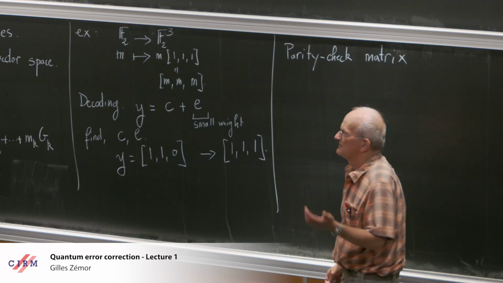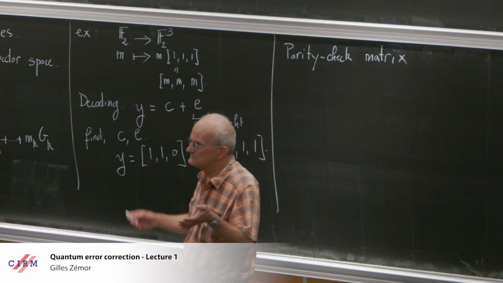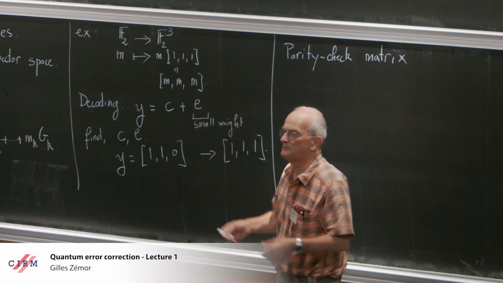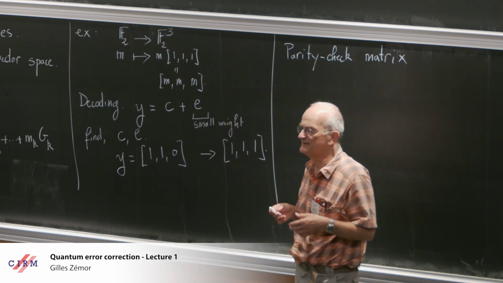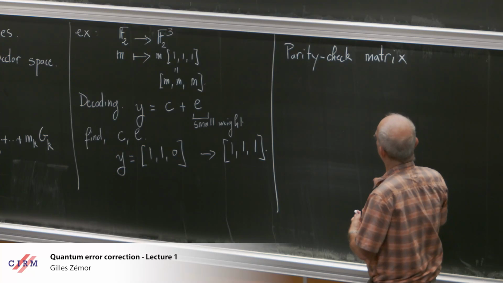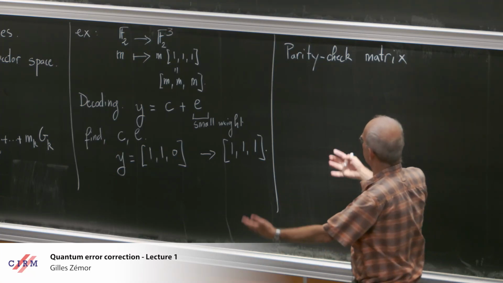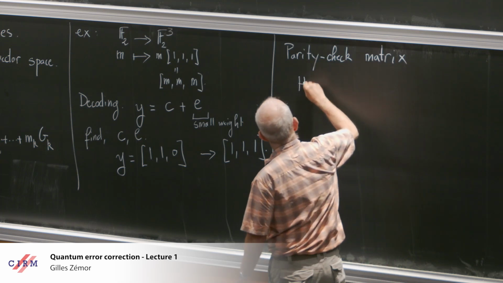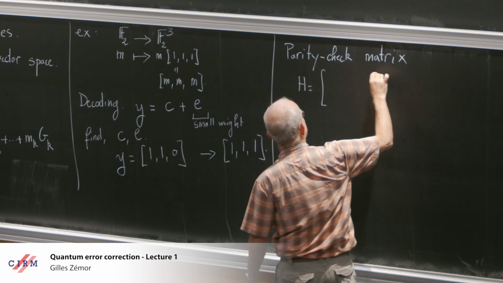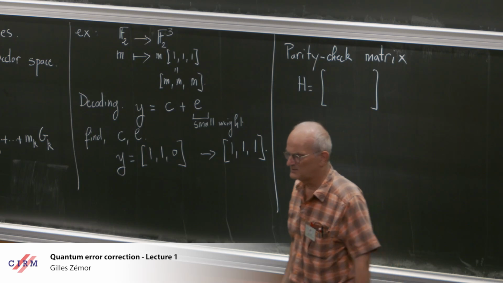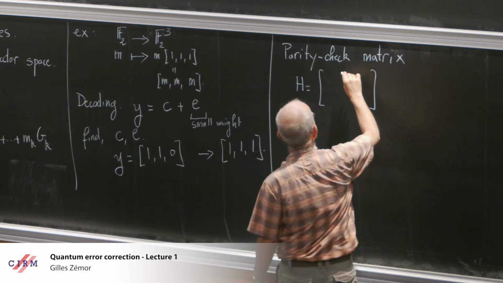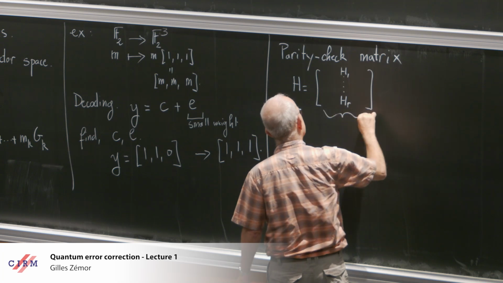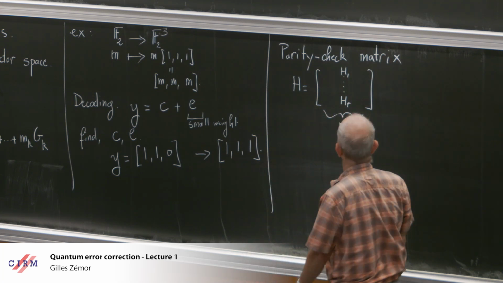So when you learn linear algebra, you learn that vector spaces can be described in 2 ways. You can give a basis, or you can give a set of equations. So a vector space alternatively gets described as a set of equations. So a parity check matrix is a set of vectors that give you the coefficients of an equation, H1 through Hr, again with n columns.